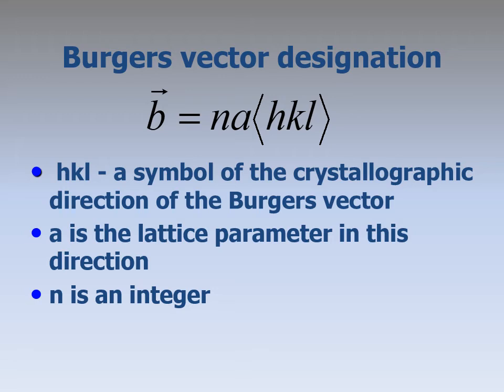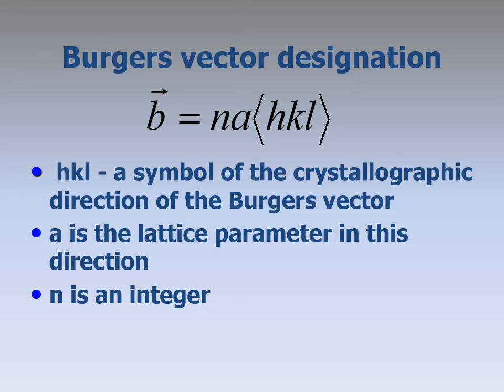Since the Burgers vector is an important quantitative characteristic of the dislocation, it is necessary to mark it so that the record reflects the direction and magnitude of the vector. The Burgers vector is usually written in the following way, where hkl is a symbol of the crystallographic direction of the Burgers vector.